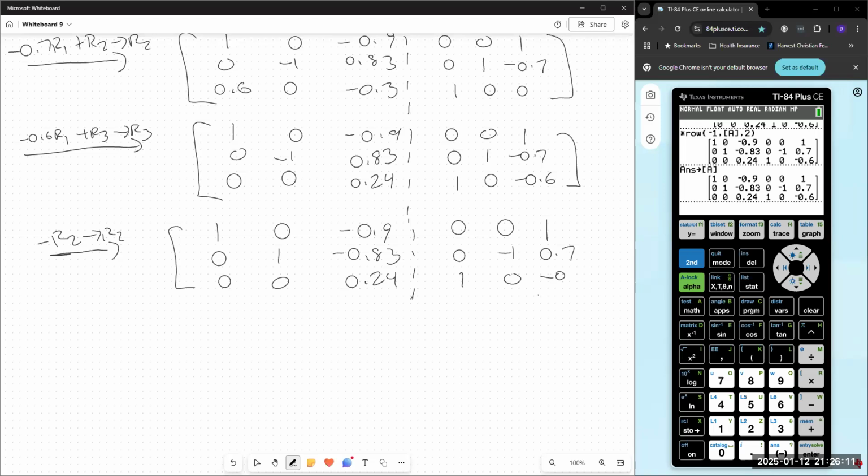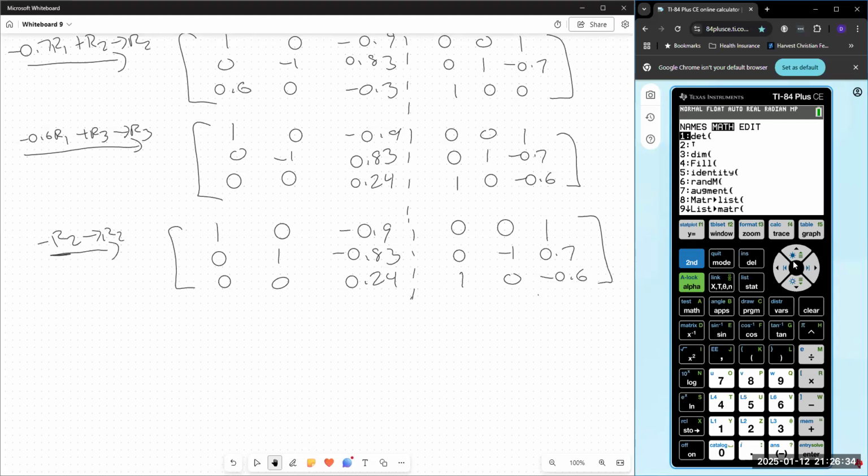So now we're going to multiply row 3 by 1 over 0.24. Let's see if the calculator can do that. I've never tried to do it with a decimal in the denominator.